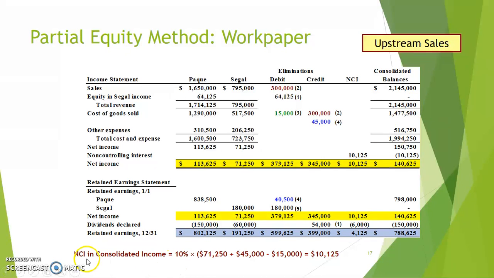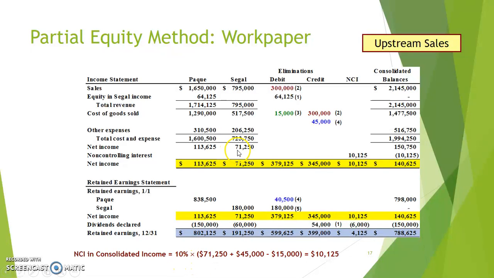Now please note that the non-controlling interest in the consolidating income would be the 71,250, which is the unadjusted net income, and then we make the necessary adjustment for our beginning inventory profits and our deferred profit here from our net income. So 10% of this would result in the NCI share of consolidated income of being 10,125, which is their share.